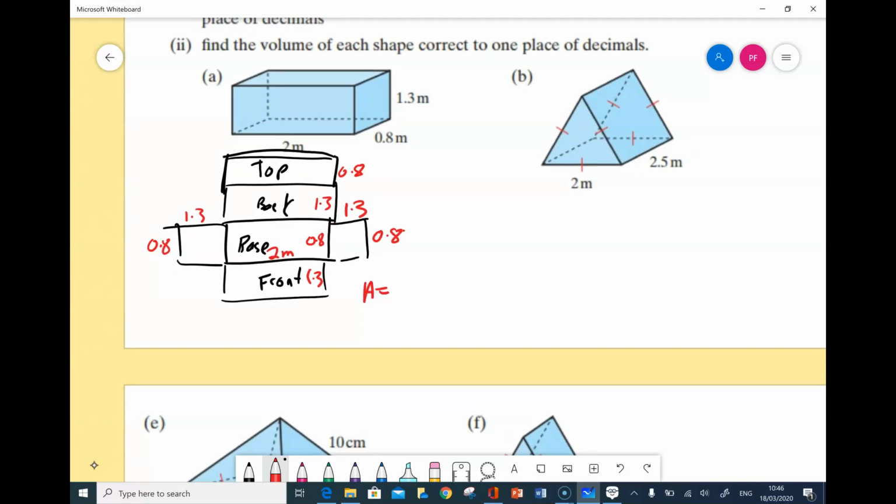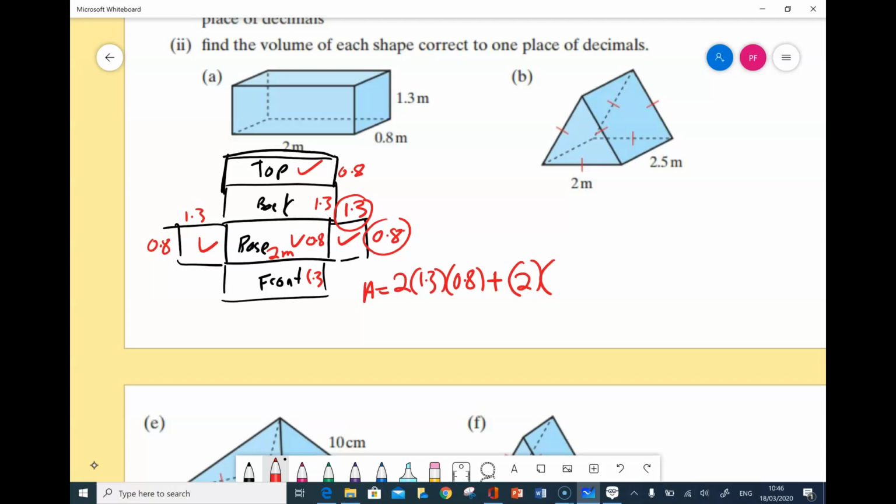Okay, so very quickly finding the area of that shape. If we find the area of the two sides, I've got 0.8 multiplied by 1.3, and there's two of those, 2 by 1.3 times 0.8. That'll give me the area of that and that. Then the base and the top will be the same area, so onto that I'm going to add 2 times 0.8 by 2, the 2 is just because there's 2 of them.